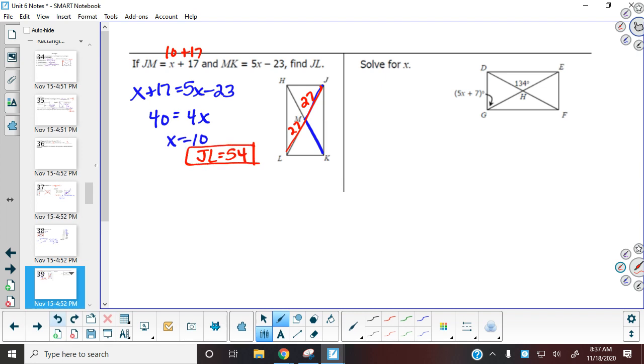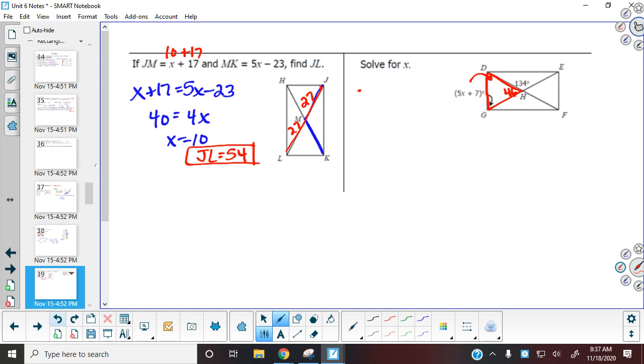Okay, for the x problem, this one is maybe a little bit more difficult, but when we look at this, we're going to use the 134 to figure out the adjacent angle, which is 46. And then we can use the idea that this is an isosceles triangle. You can do this several different ways, but if that's 5x plus 7, so is this angle.